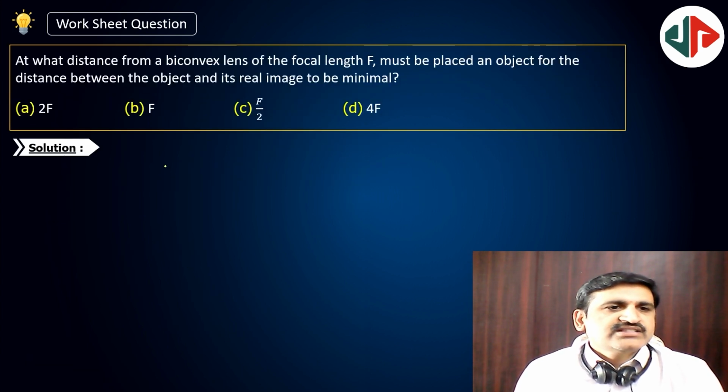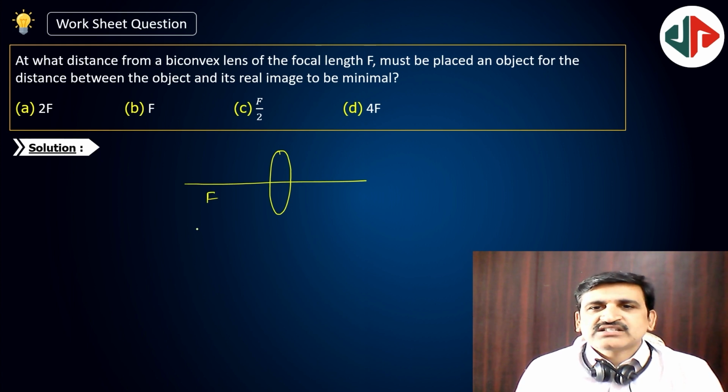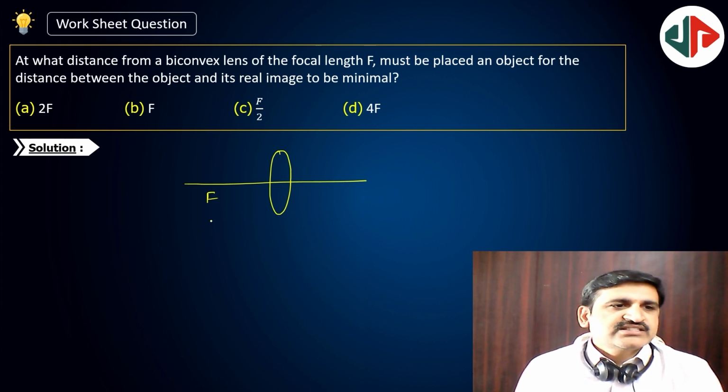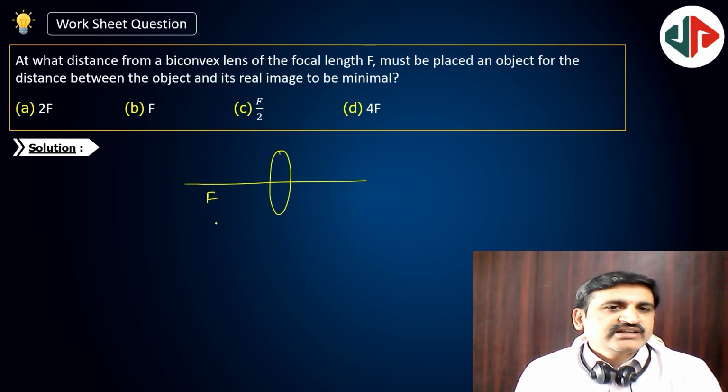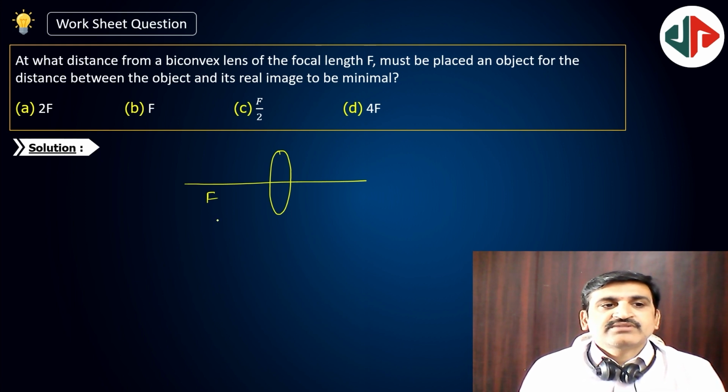Next, at what distance from a biconvex lens of focal length f must an object be placed for the distance between the object and the real image to be minimum?